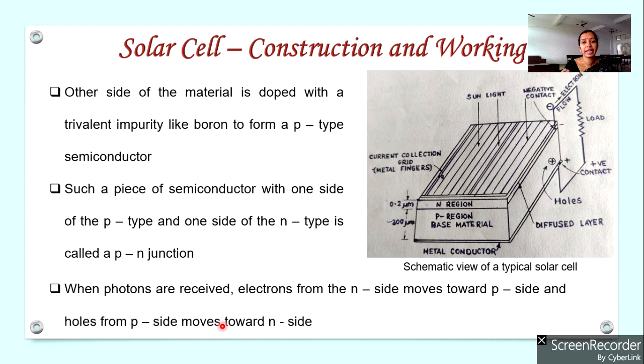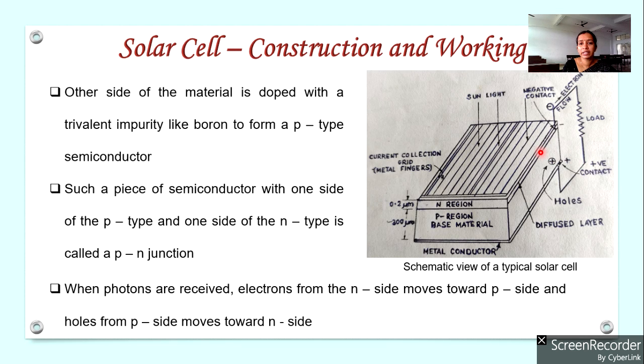They will move from the n side towards the p side, and similarly holes from the p side will move towards the n side. So there is a movement of charges, and if we provide metallic contacts on the n side and p side, we can make this flow of charge carriers go through an external load.